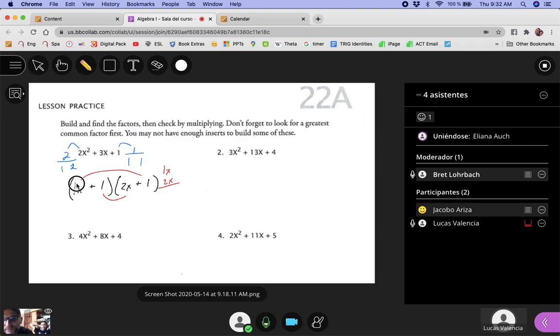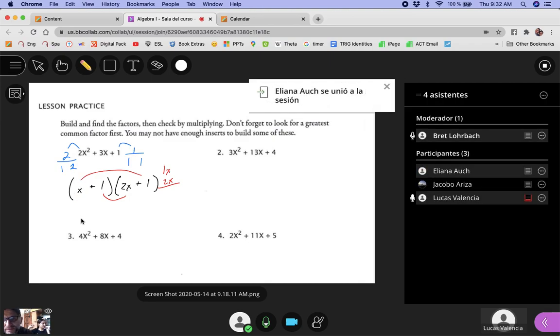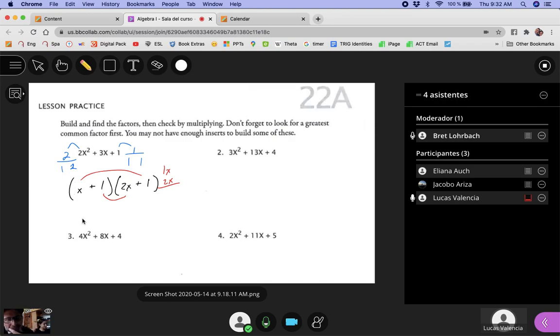Okay, but in the other examples, in the last class, we were writing x plus 2 or x plus 3, but here you got 2x plus 1. Why do you have 2x? Okay, can you see my finger on the board? Yes. Okay, that's because this lesson 22 is about the coefficient of the first term in these problems no longer being 1.